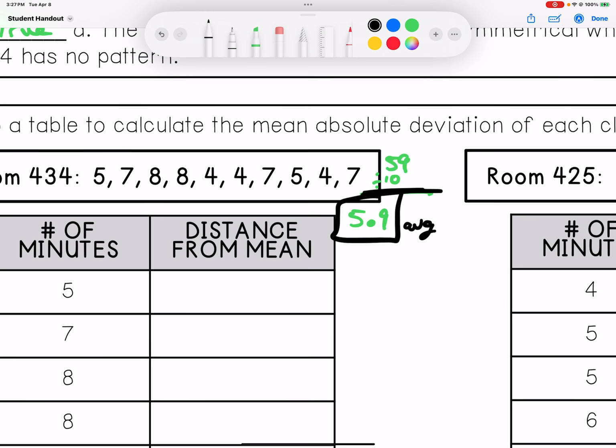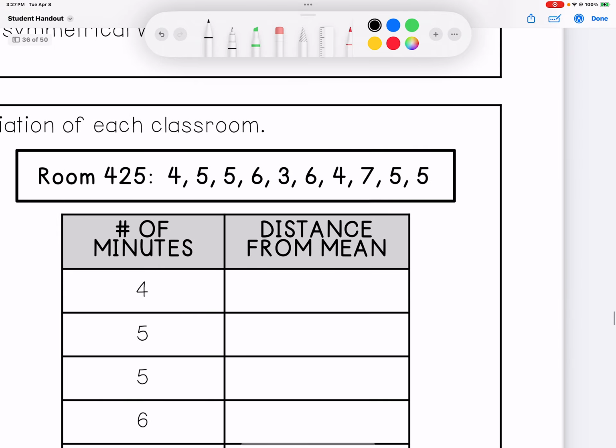Let's go over here and find this average. The average over here, you're going to add them up and you're going to get 50. There are 10 of them. So your average is going to be 5.